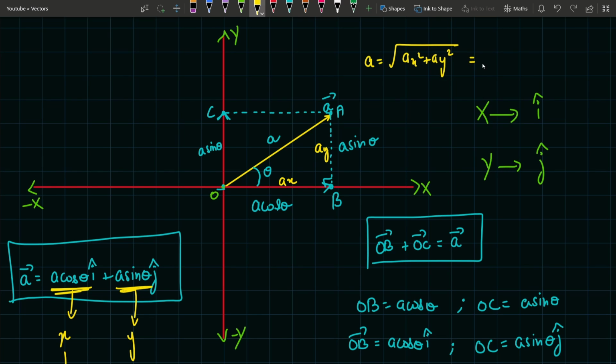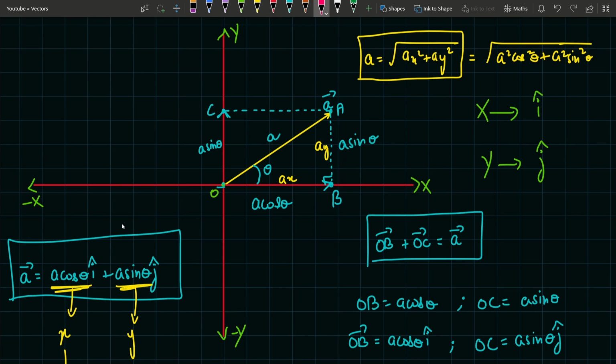That implies root of A square cos square theta plus A square sin square theta. If I take A square common outside, it becomes A square into cos square theta plus sin square theta, and automatically you'll get A again. So this is the formula for finding the magnitude of vector A using its x component and y component, if it is in the xy plane.